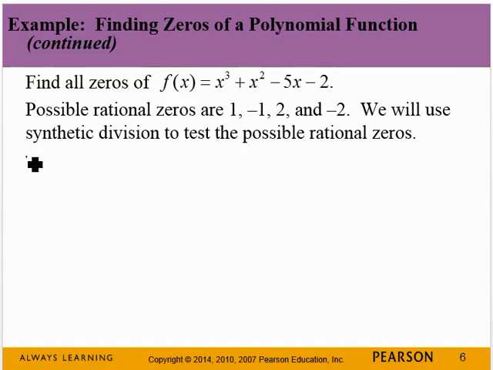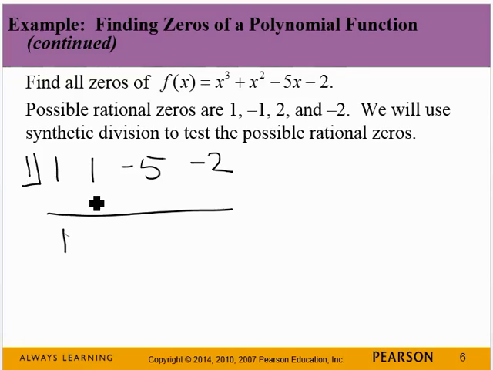Let's start off with 1. We use synthetic division to solve this. So 1 times 1 is 1. 2. 2 times 1 is 2. 1 times negative 3 is negative 3. That's negative 5.